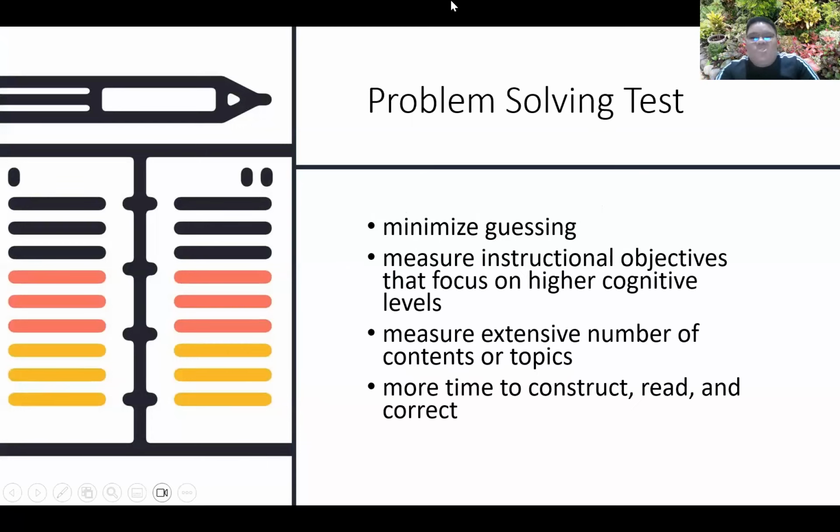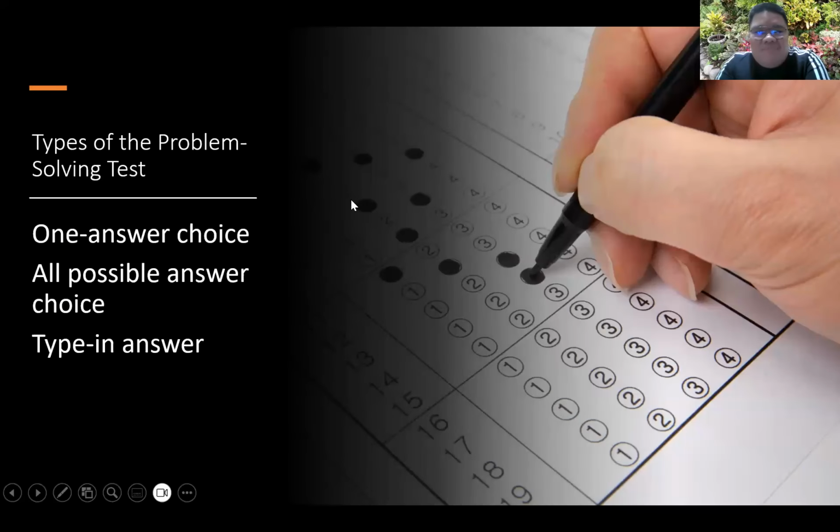Pagkatapos, you should be able to measure instructional objectives that focus on higher cognitive levels. Then it should also be able to measure extensive contents or topics. However, class, the challenge naman here is that it is giving us more time to construct, more time to read, and more time to correct. Okay, so yan lang yung challenge of problem-solving tests.